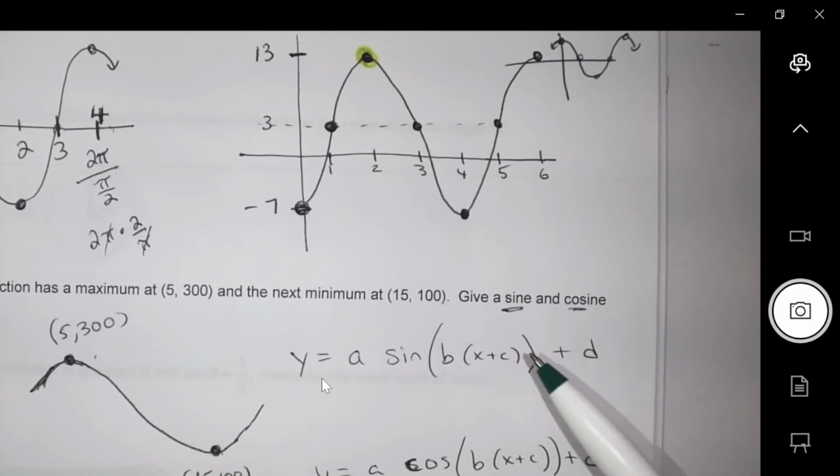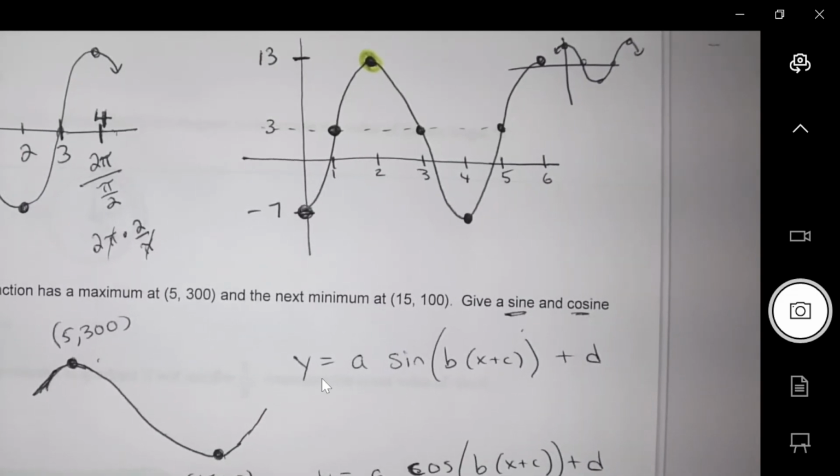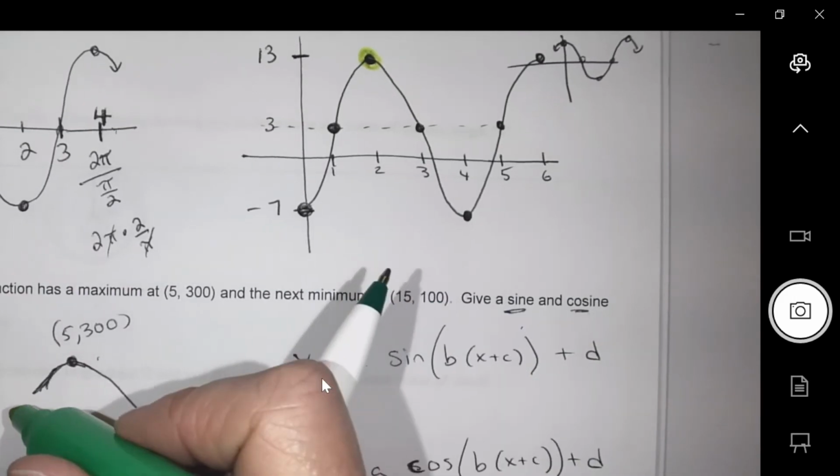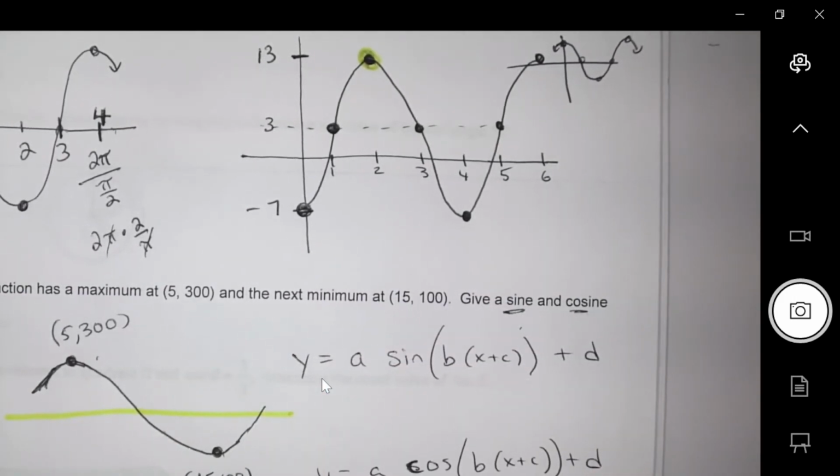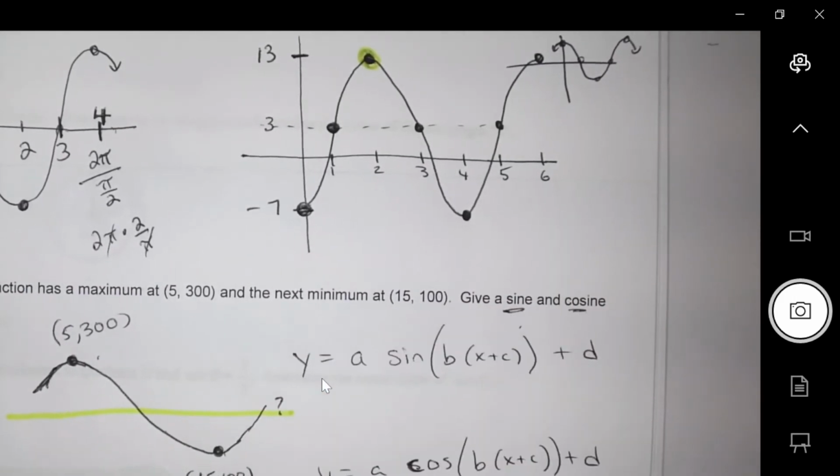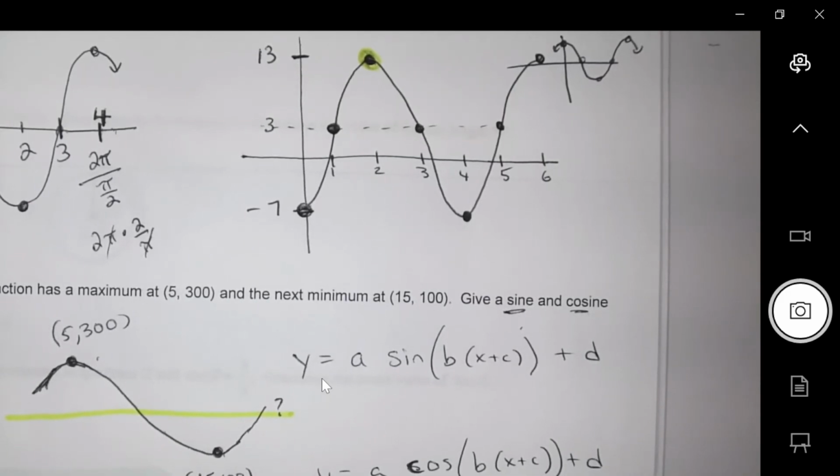So it says that we have to give one of each type. Okay. First question. What height is in the middle of all this?